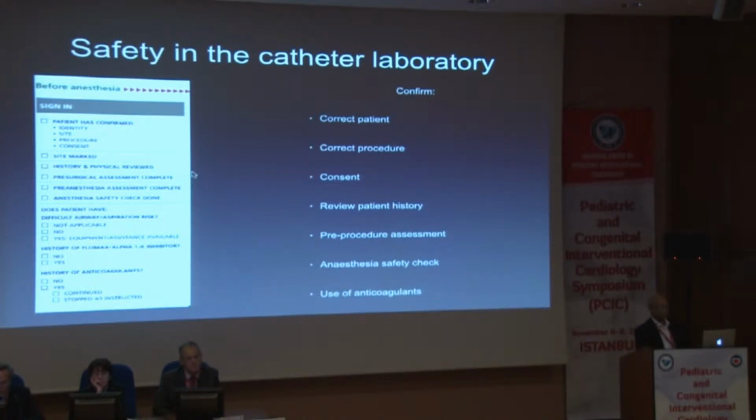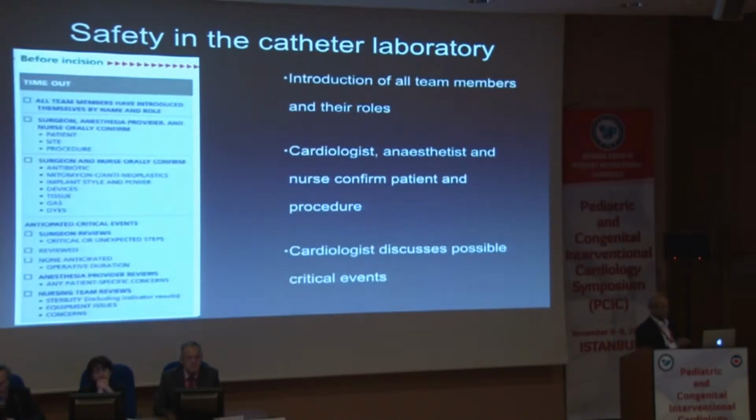You check that the procedure that is planned is the correct one. There is a consent form that has been agreed and signed by the patient, and the anesthetist as well as the other medical staff have reviewed the patient history. Pre-procedure assessment has been performed by the medical team. The pre-procedure anesthesia assessment as well as the safety check has been performed by the anesthetist. And then you've agreed on interventions, for example, on the use of anticoagulants.